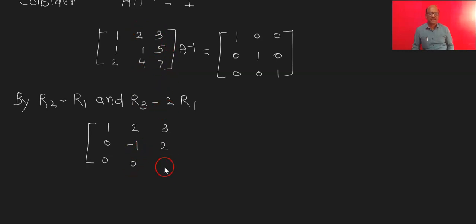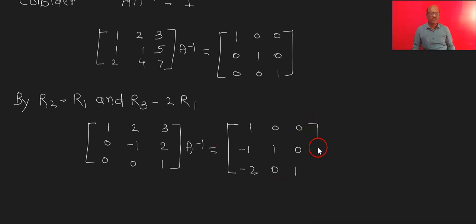Next is 7 minus 6, 1. Okay, into A inverse, and here the first row is as it is, 1, 0, 0. R2 minus R1, here is minus 1, 1, 0. Next is R3 minus 2 times R1, here is minus 2, 0, and 1.